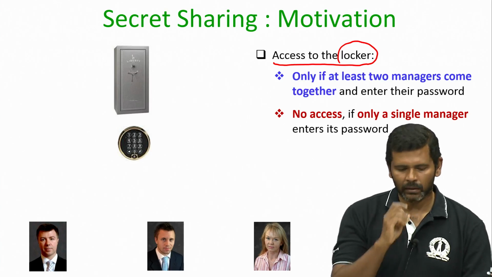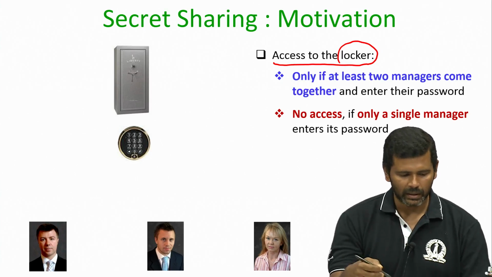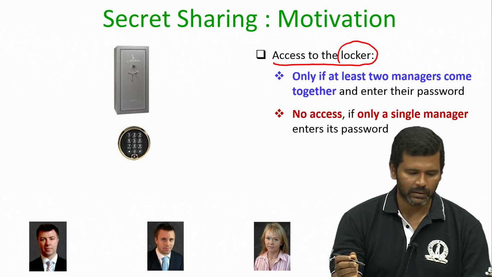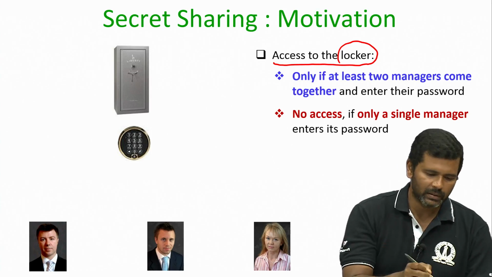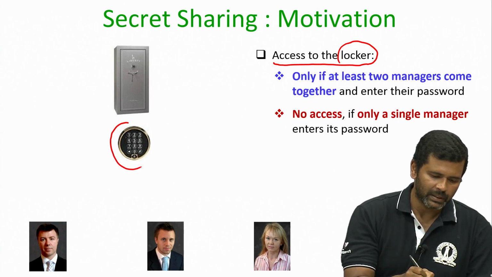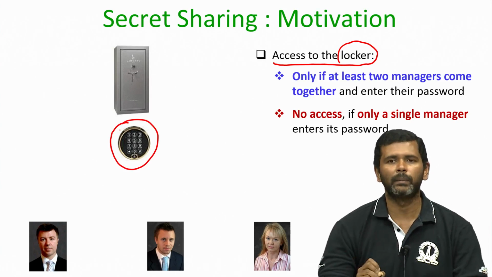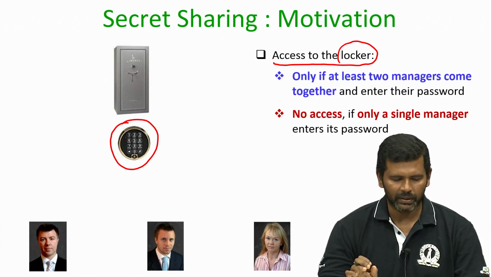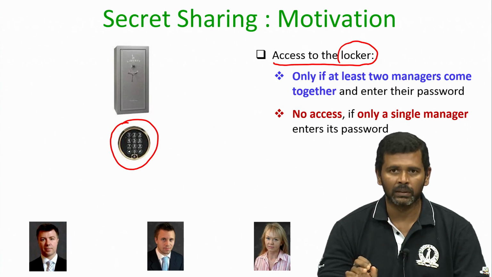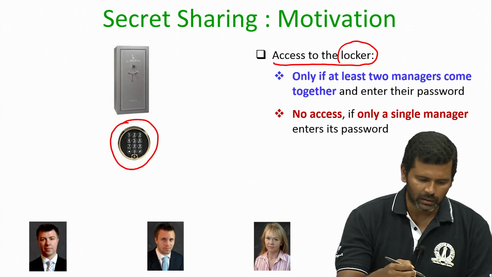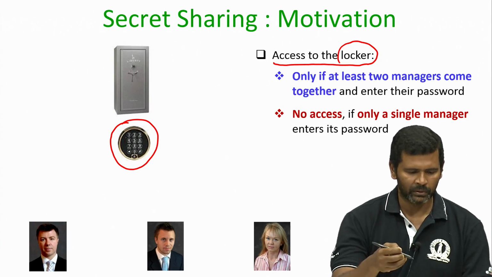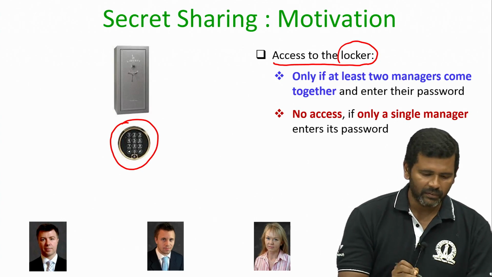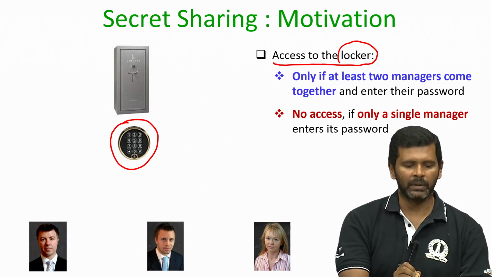Now in the same way, in this particular example I consider a scenario where a locker can be opened by entering a keyword or key phrase, whatever you want to call it, and the key phrase is not available with a single person.